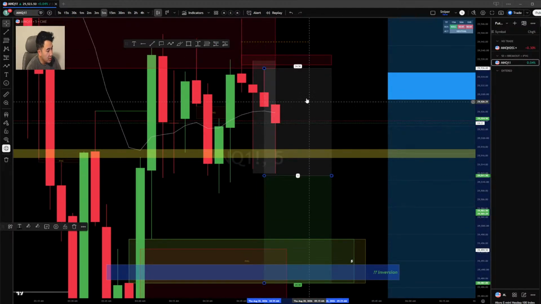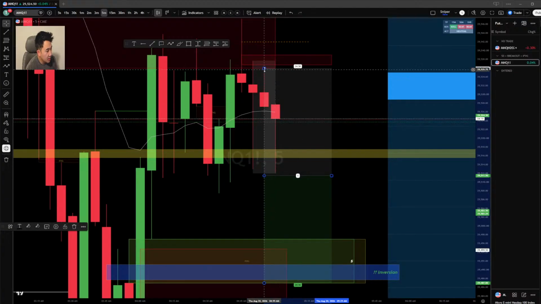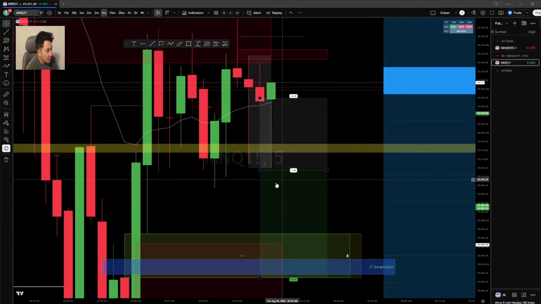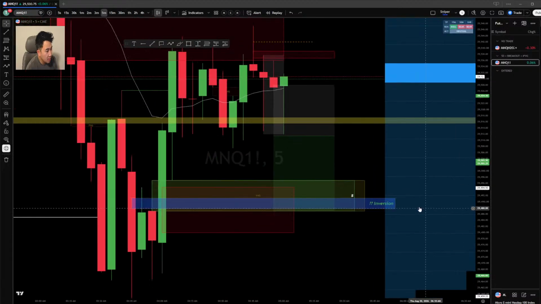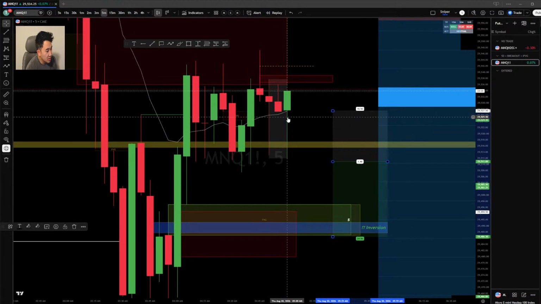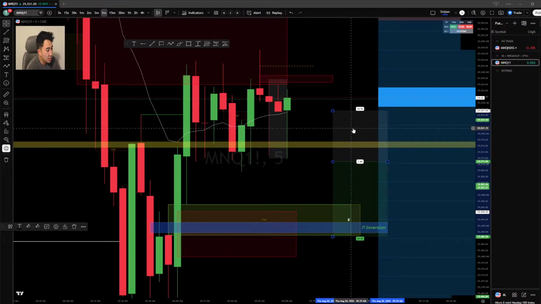If we have a break and close over this resistance right here, or this support zone on the 5 minute, then I would take a short as a breakout. But there's still some resistance over this 13 EMA, so let's see what happens.